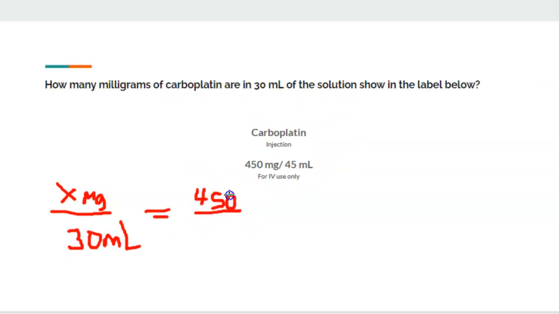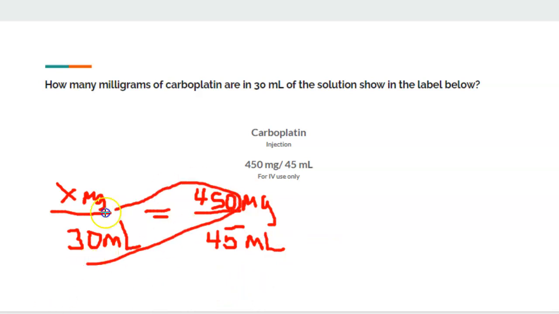So we're going to set that equal to 450 milligrams over 45 milliliters. And so you're going to do your math. We're going to cross multiply and divide.